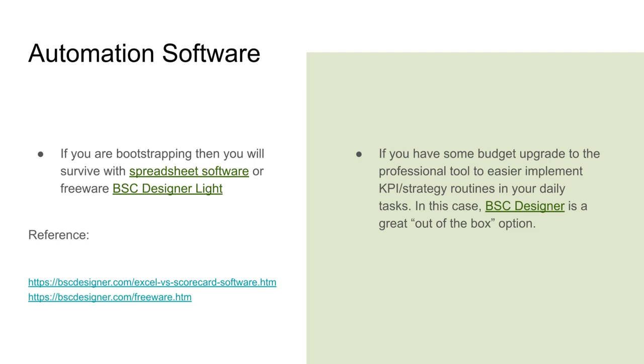of course, would be to use a freeware tool, which is BSC Designer Lite. Why is it better? Because you can do all the things you can do in spreadsheet software, but you can do them faster. So you don't spend time on making formulas, on doing normalization, on calculations, on using stoplights, on calculating progress, performance, these things.